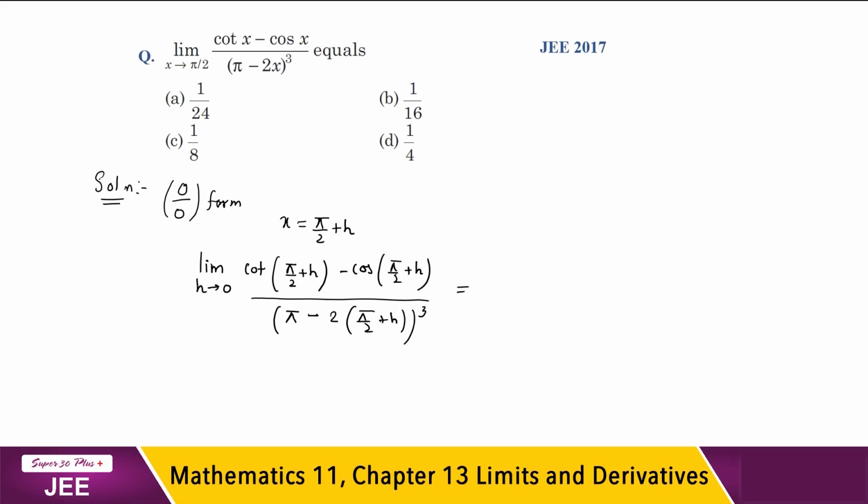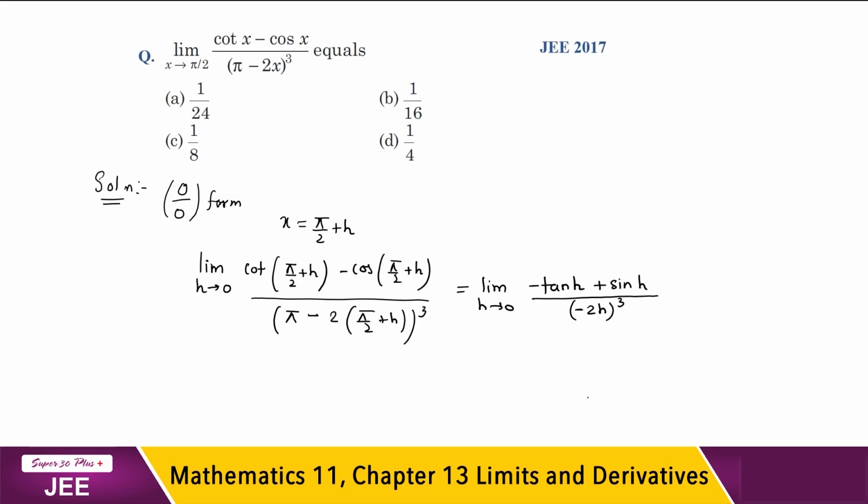Alright, now as we all know that cot of pi by 2 plus theta is equal to minus tan theta, so this becomes minus tan h, and cos of pi by 2 plus theta is minus sin theta, so next we have minus of minus sin h, whole divided by denominator, which becomes minus 2h cube, which is minus of 8h cube.